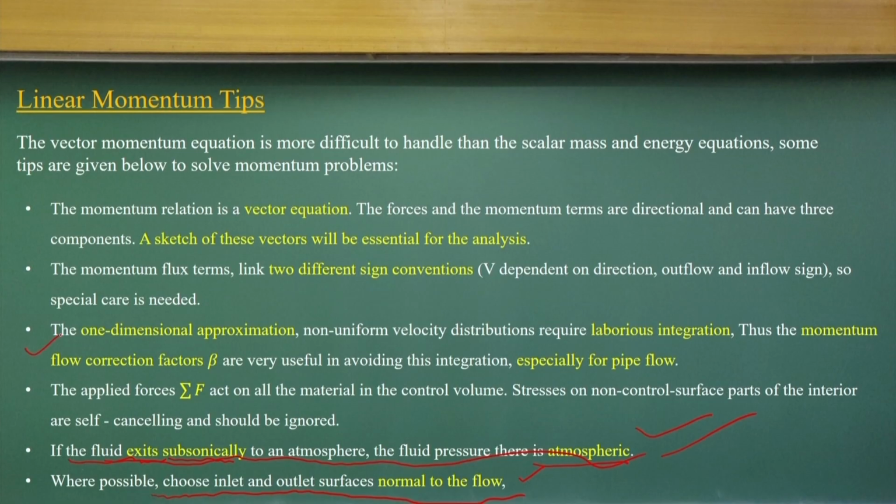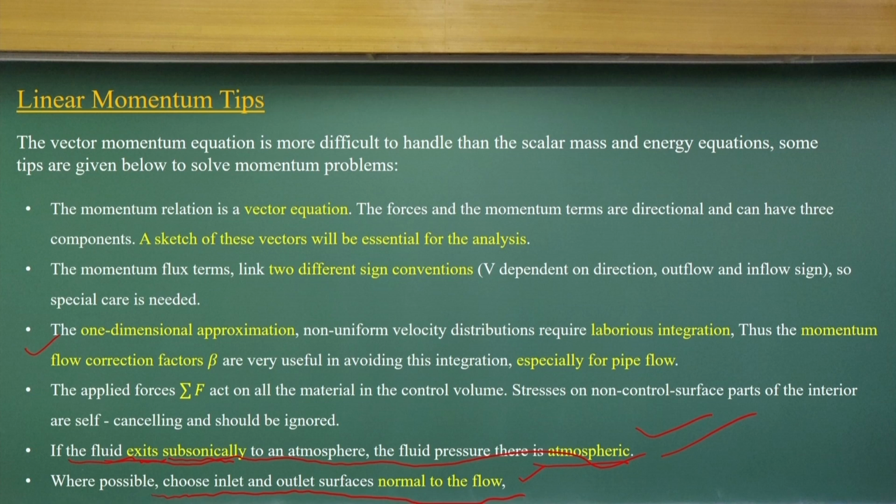The fourth one, which I again have to repeat: in real life problems the velocity distribution is not uniform. There is always a velocity distribution from the free surface to the surface of contact.